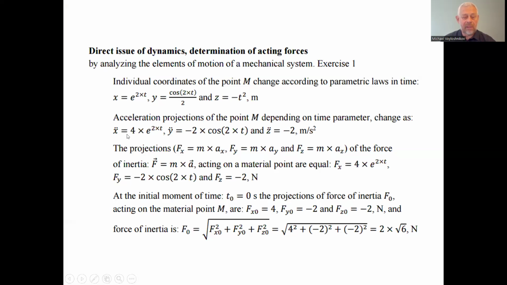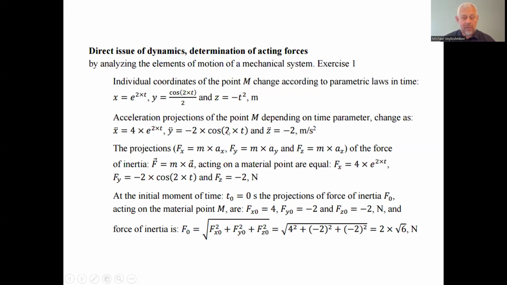So the acceleration component in projection on the x axis equals 4 multiplied by e to the power 2t. For y, the second derivative, the acceleration component in projection on the ordinate axis equals minus 2 cosine of 2t: the derivative of cosine gives minus sine, and from minus sine, minus cosine, so we have minus 2, and the factor 2 divided by 2 leaves only 2.